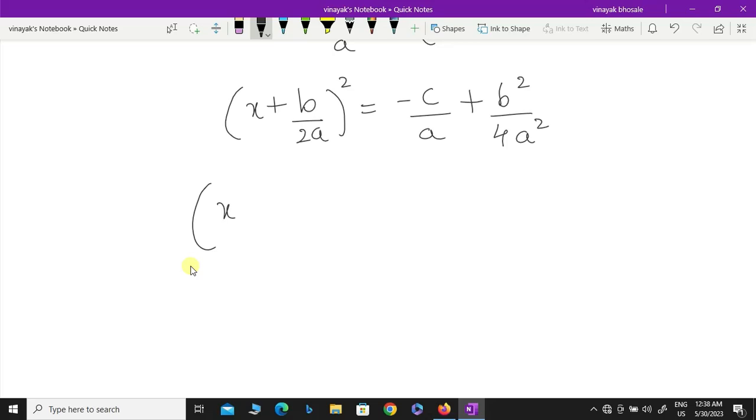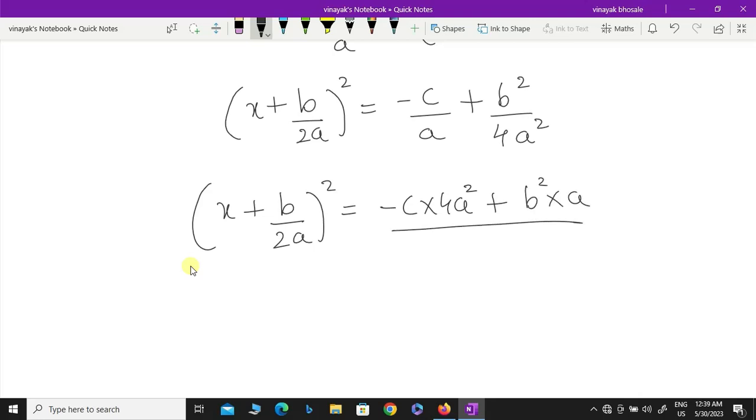I'm just gonna write this term as it is, so x plus b by 2a whole squared equals, and now I'm going to simplify this term. So I'm going to multiply c with 4a squared, plus b squared with a, and a multiplied by 4a squared. So we're just simplifying this term.